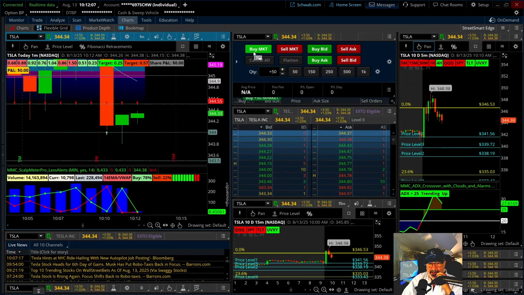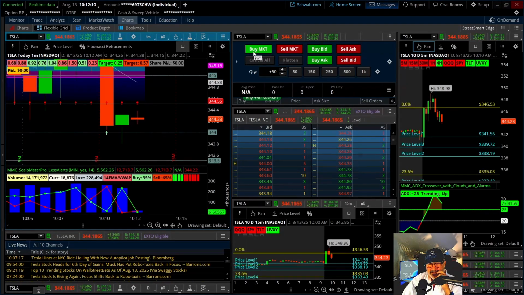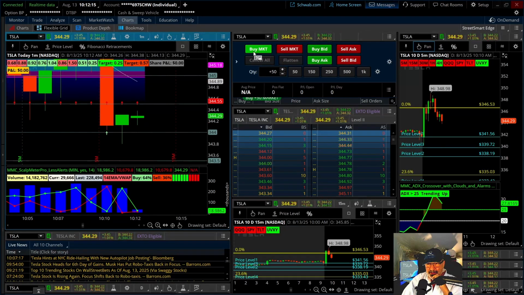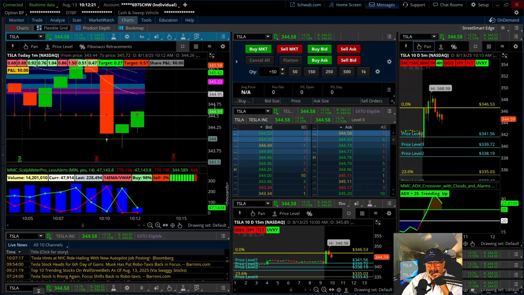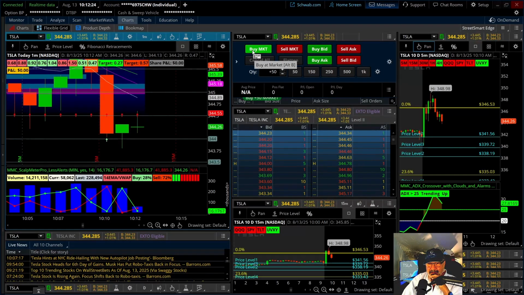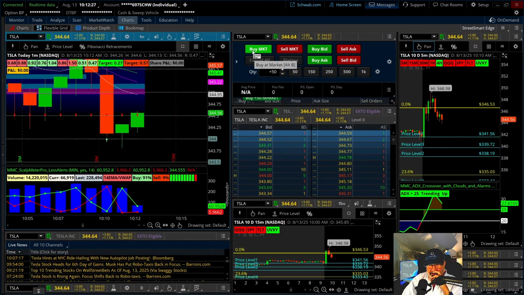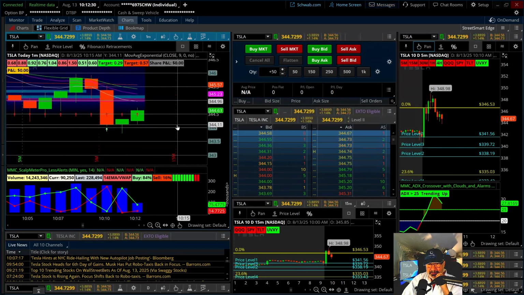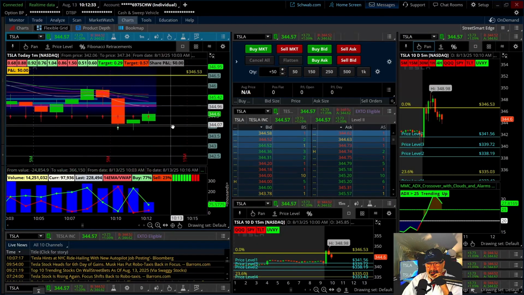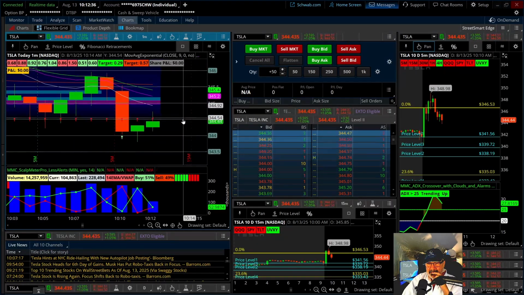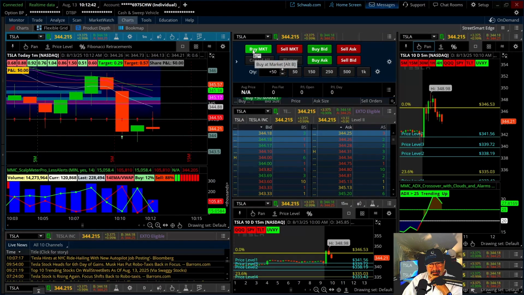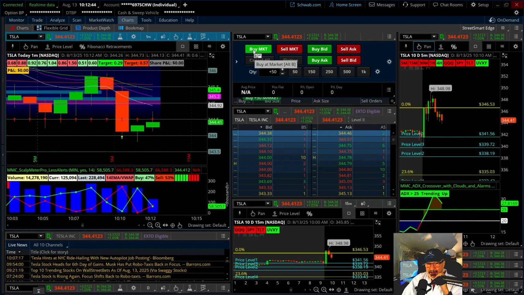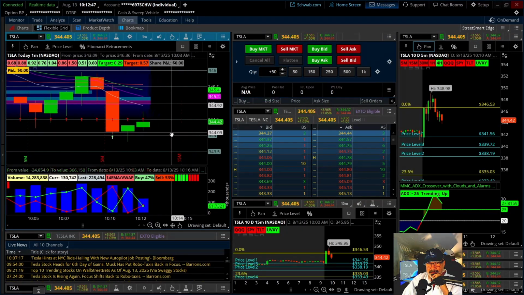Spread's pretty bad, but it's going to be hard to get in. Shows it going up for the most part here. Oh, I just missed it. I almost pulled the trigger. Goes down. It was a lower hangman there.